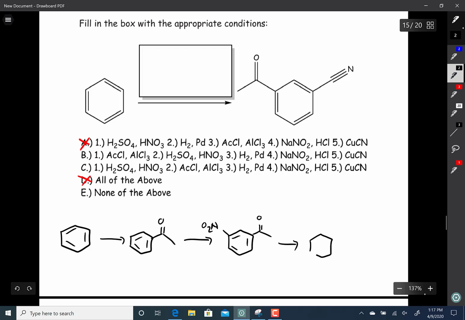Hydrogenation. And then the last two steps convert the amine to the nitrile. So here they are meta to each other. So that's a possibility.